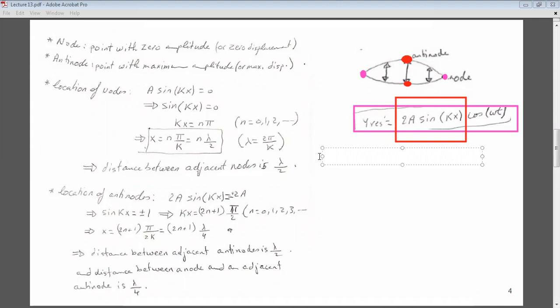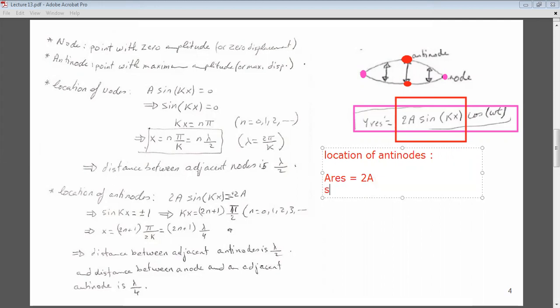So for the location of antinodes, I should have the resultant amplitude equal to maximum. That is, it will be plus or minus 2A, or just 2A. So this is the maximum of 2A sine kx. The maximum value is 2A.